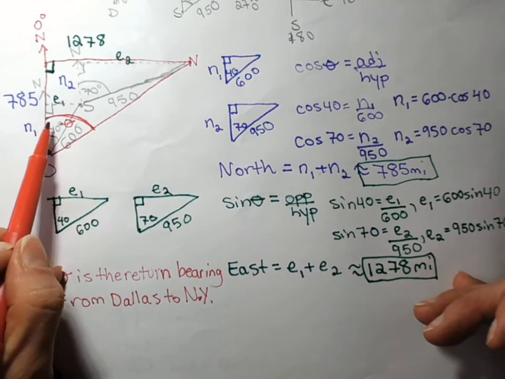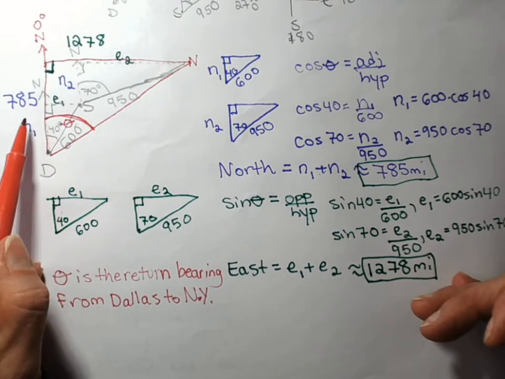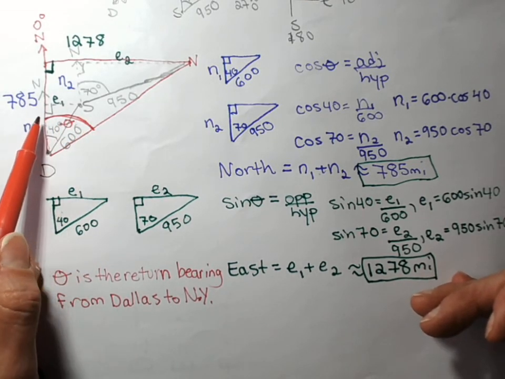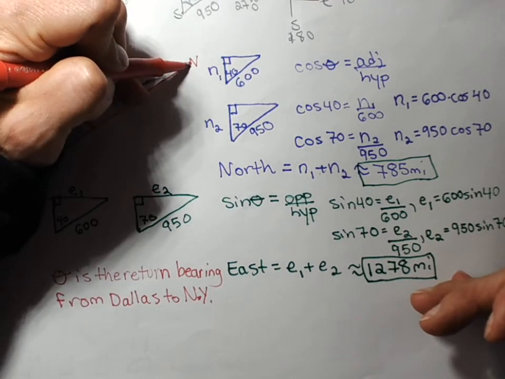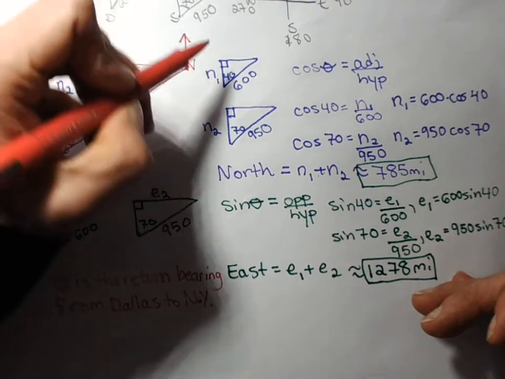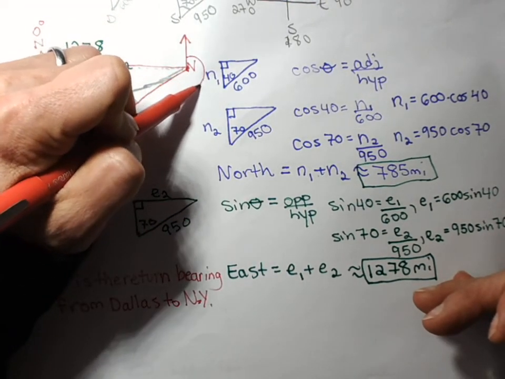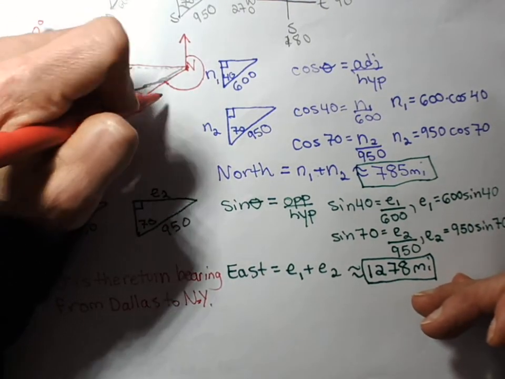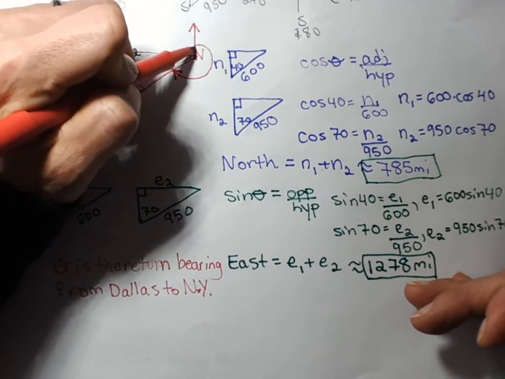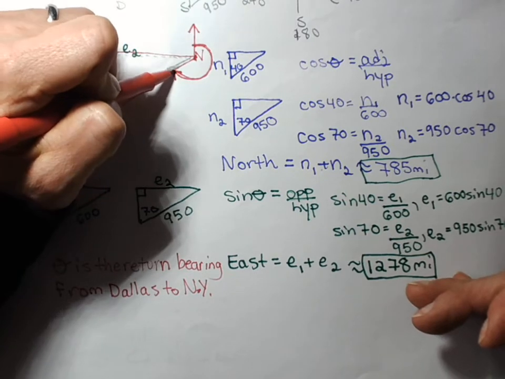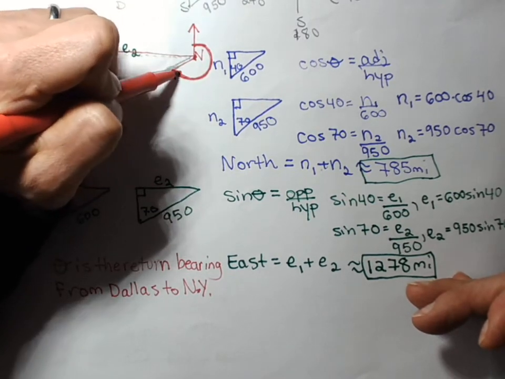That's what this angle would be. But we need the return bearing from New York to Dallas. So we need this bearing right here.